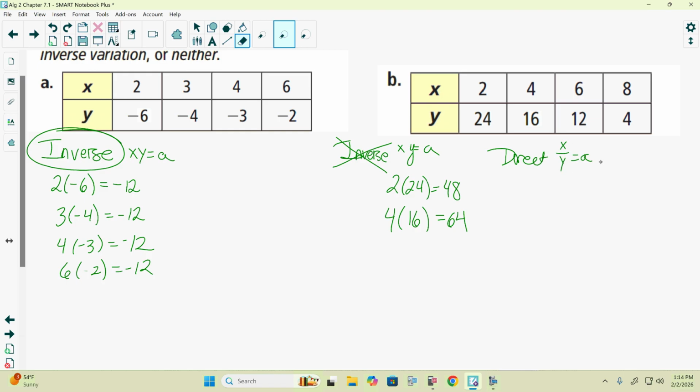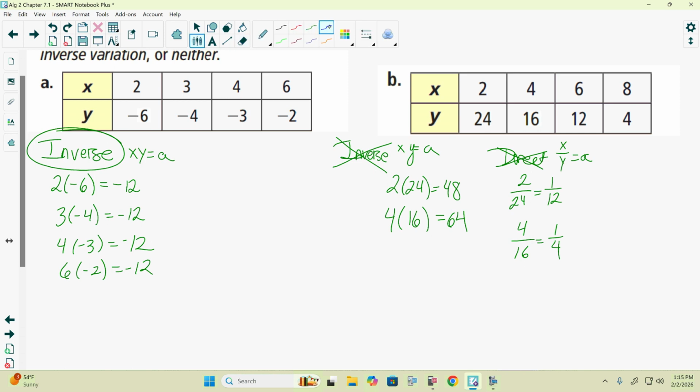Now, that is a good question. Could we do x over y? Yes. Because x over y would be 2 over 24, which is 1/12. Our next one is 4 over 16, which is 1/4. Those are not the same, so it's not direct.